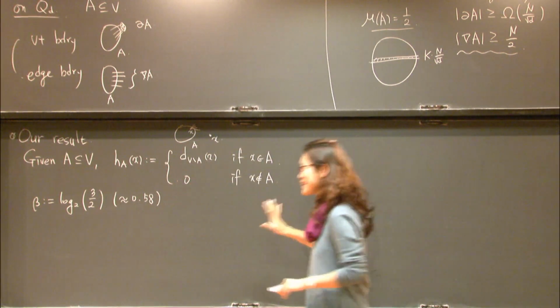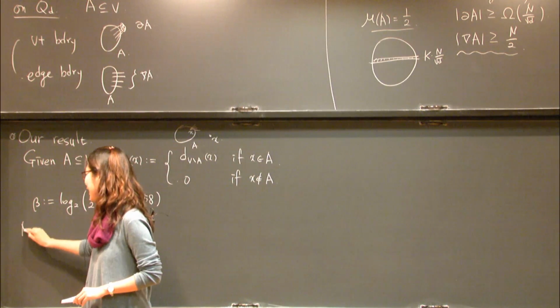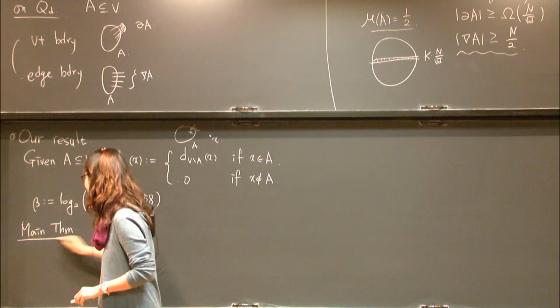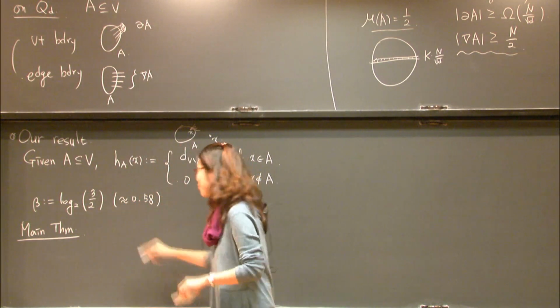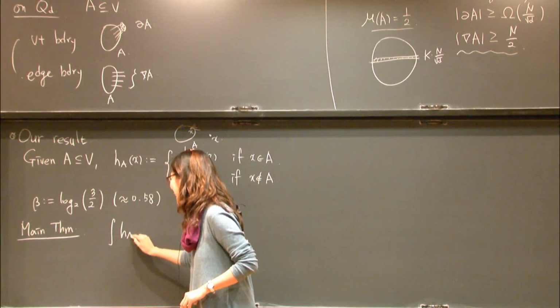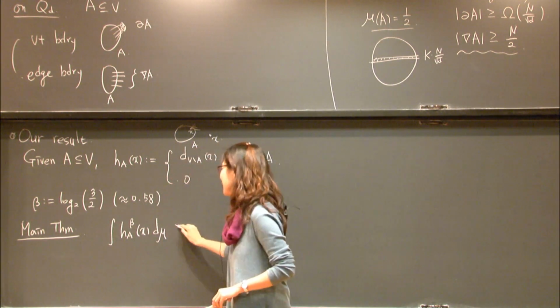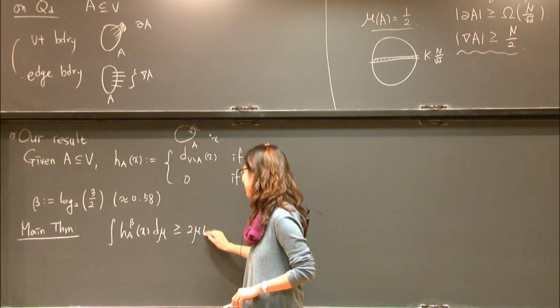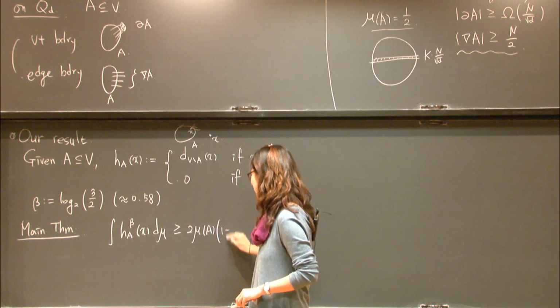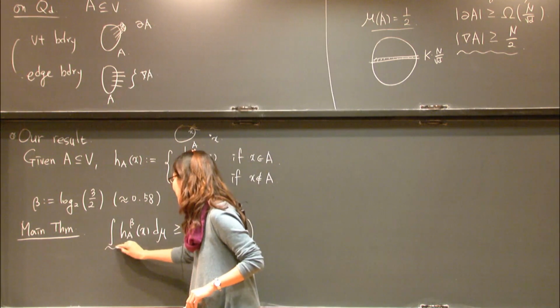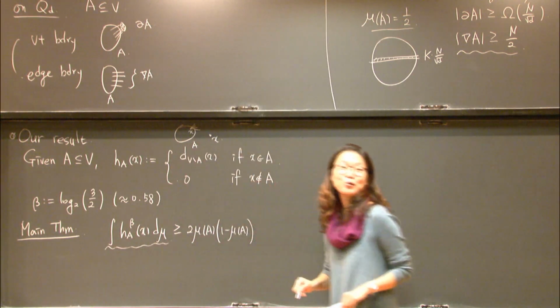But using this notation and definition, our main theorem says that the integral of H_A to the beta of X d mu is at least 2 times mu of A times 1 minus mu of A, where this integral is just what you expect.